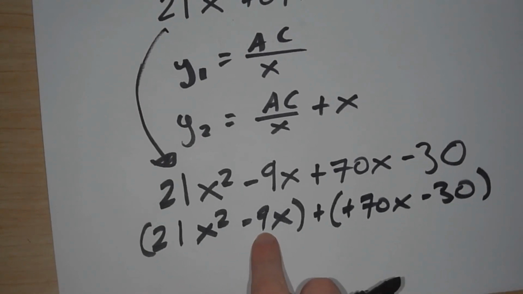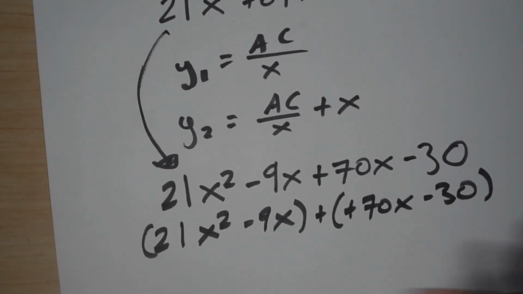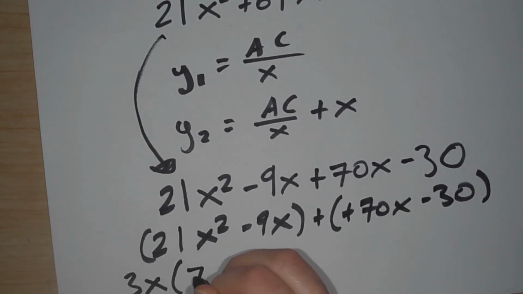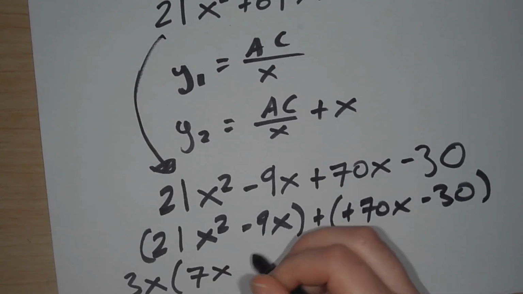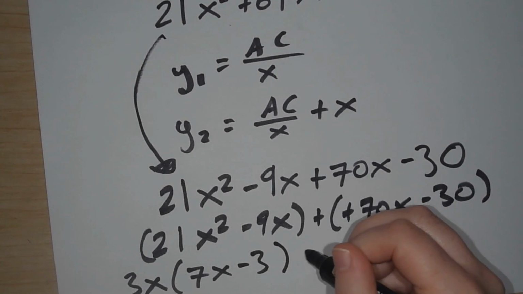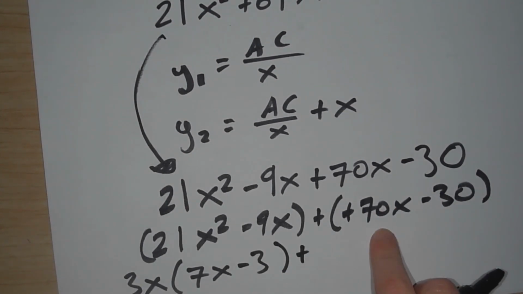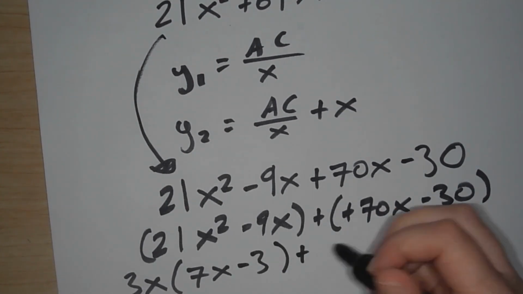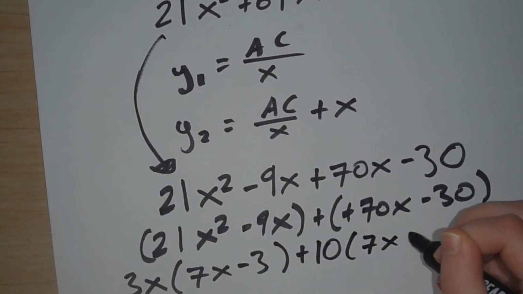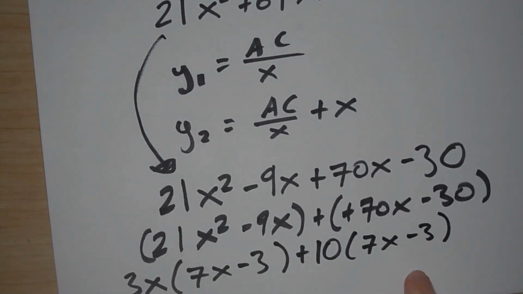So with 21x squared minus 9x, we can pull out a 3 and an x. So we get 7x minus 3 for this. And for this one, we can pull out a 10. So we'll get 7x minus 3.